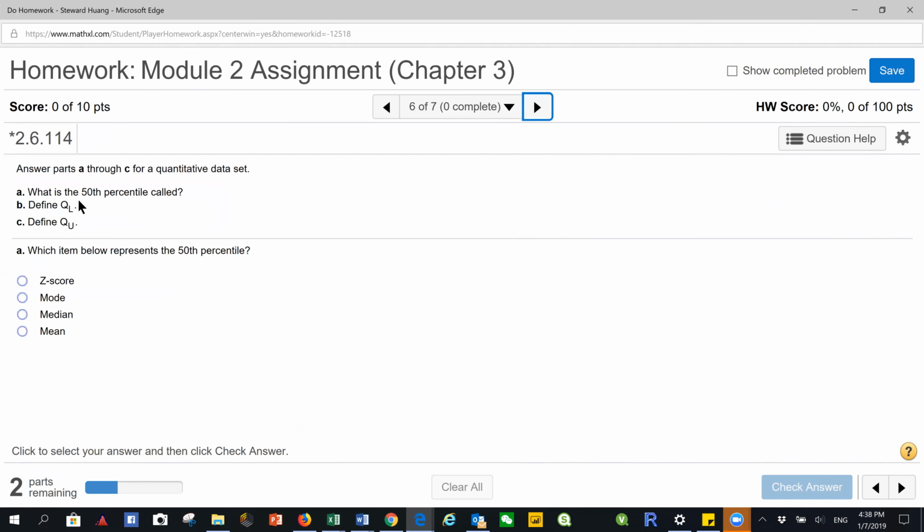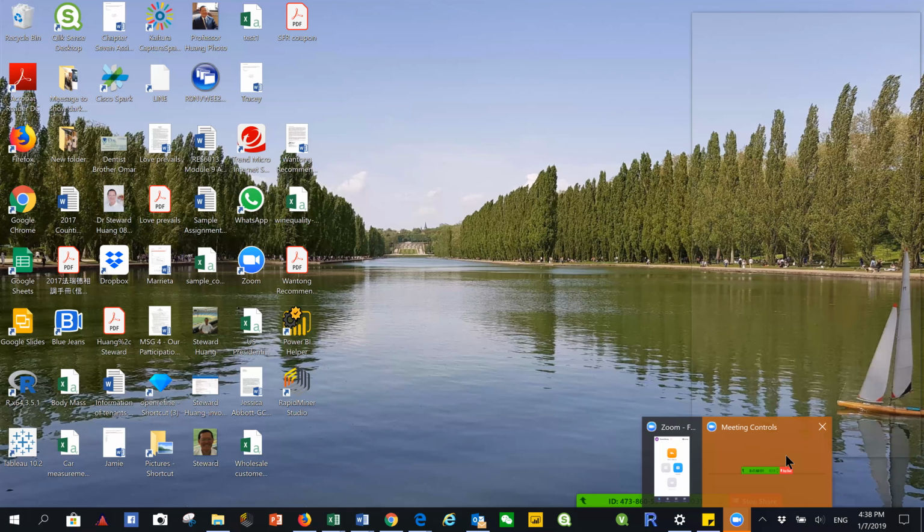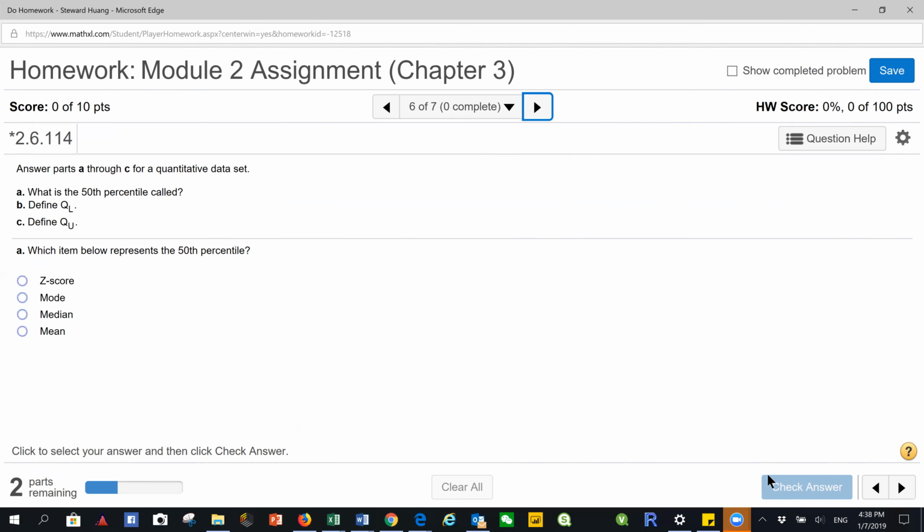Okay, so now a quantitative data set. What's the 50th percentile? Remember what I said. Consider you have $1, so the 50th percentile is like you have 2 quarters. And what is 2 quarters? It is the 50th percentile, and that's equal to the median.